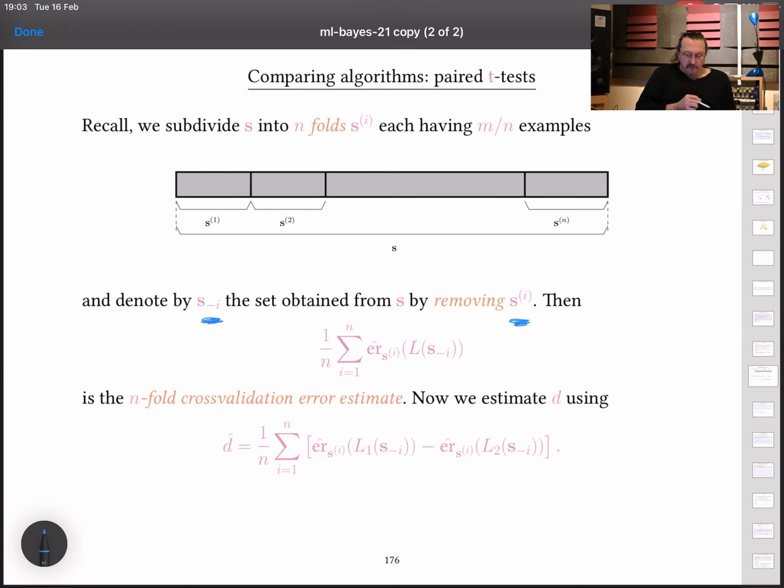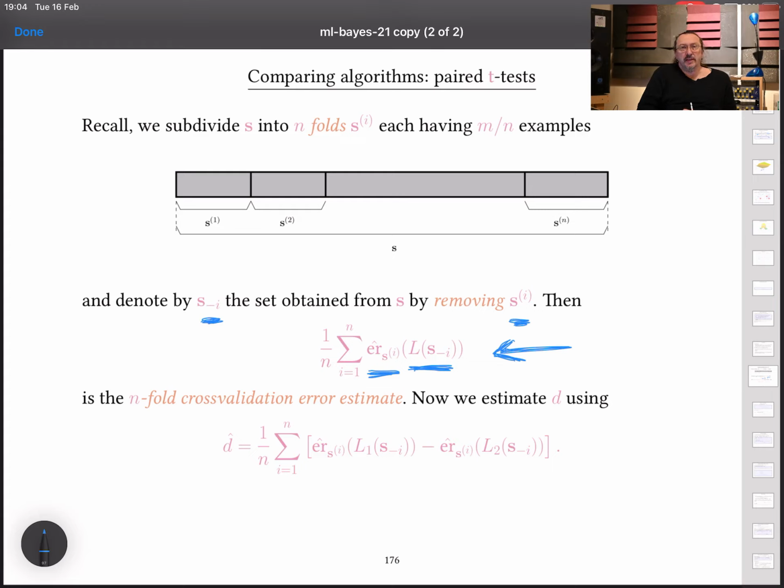And then what we were doing previously was estimating performance using the cross-validation estimate, which just says for each of the n folds, take the fold out, use what's left for training, and then with the classifier that you obtain, use the fold that was left out to estimate performance.